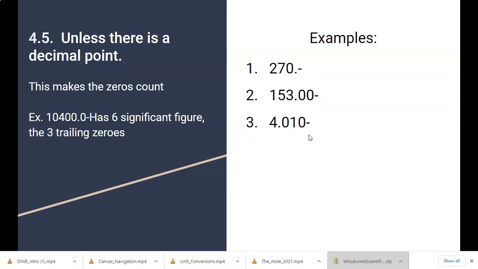So this is where it gets tricky, and this is where people get lost, is that decimal point. Trailing zeros only count if there's a decimal point. They make a zero count. So earlier I had 10400 and we stopped, and I said I had 3 significant figures. Now, because I put a decimal point in, my 2 zeros right here count, and this zero counts. And it has 6 significant figures, even though there's 3 trailing zeros.